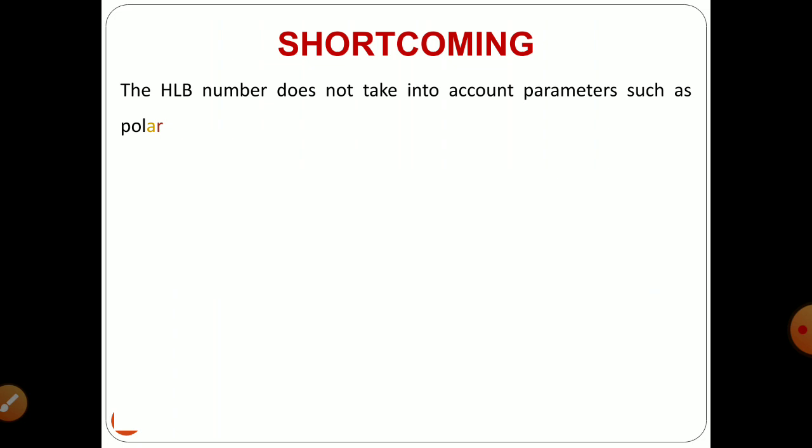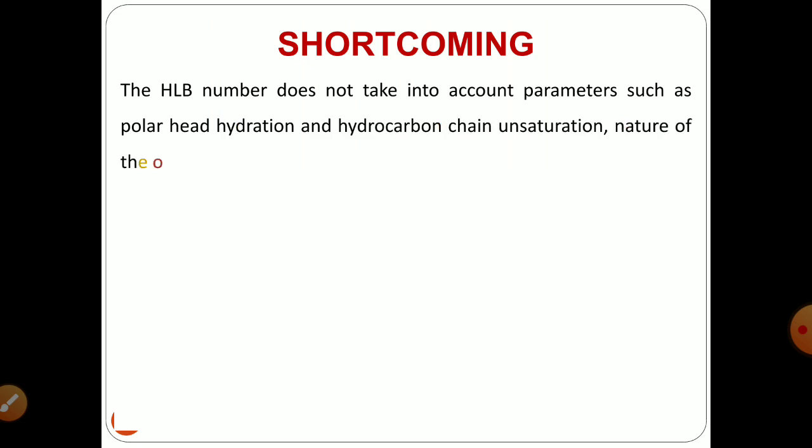So the two formulas given by Griffin and by Davies to determine HLB value find their application in giving you a number which suggests the suitability of your surfactant for use in the development of any dosage form. Though it is very useful, the HLB method has several shortcomings. The first shortcoming is that a unique value is assigned to each surfactant, as we have seen in the HLB scale.